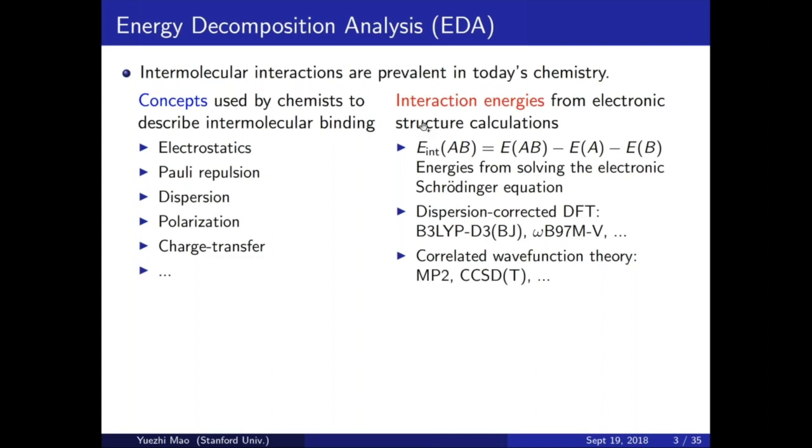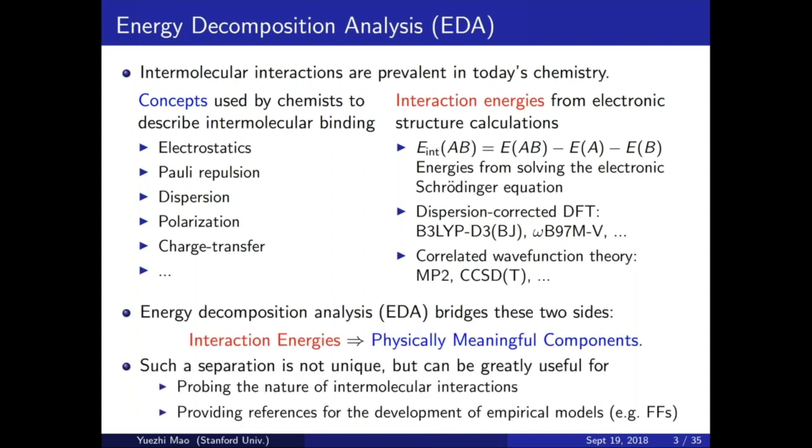There are many concepts which chemists like to use to describe intermolecular interactions, such as electrostatics, Pauli repulsion, dispersion, etc. On the computational chemistry side, on the other hand, different electronic structure methods can give you just the interaction energy, which can be calculated by density functional theories or correlated wave function theory.